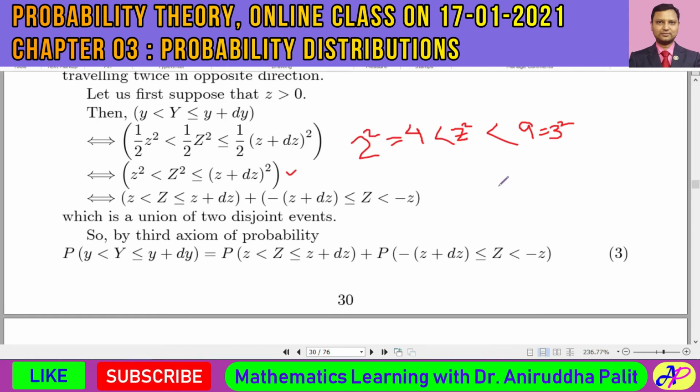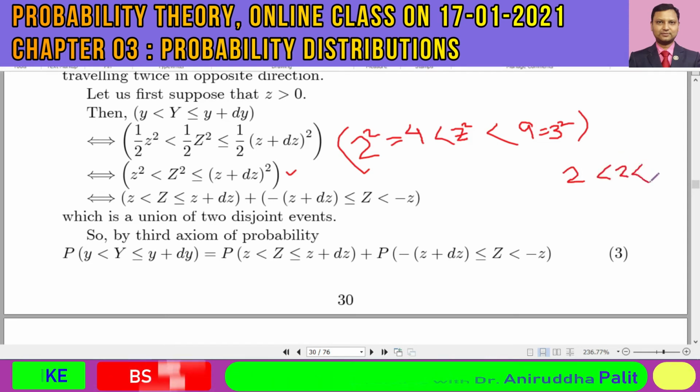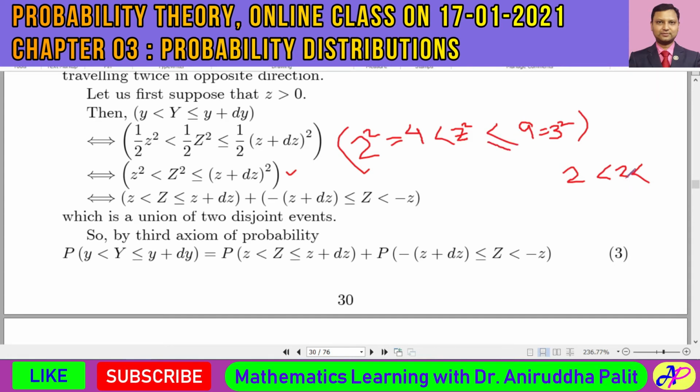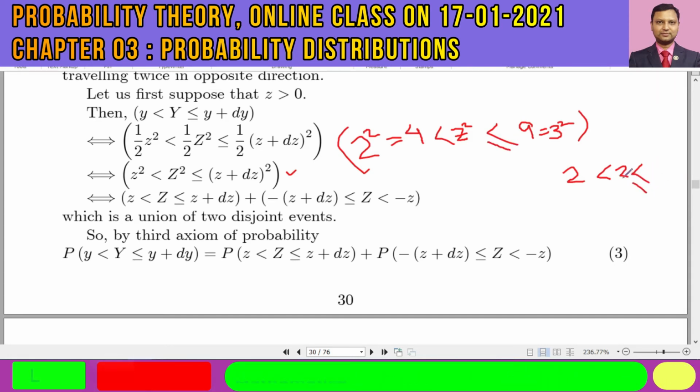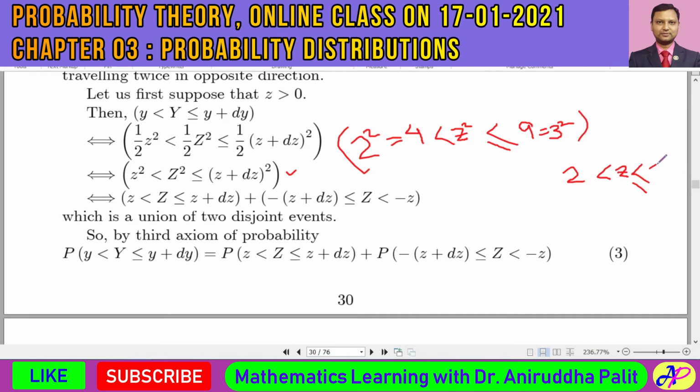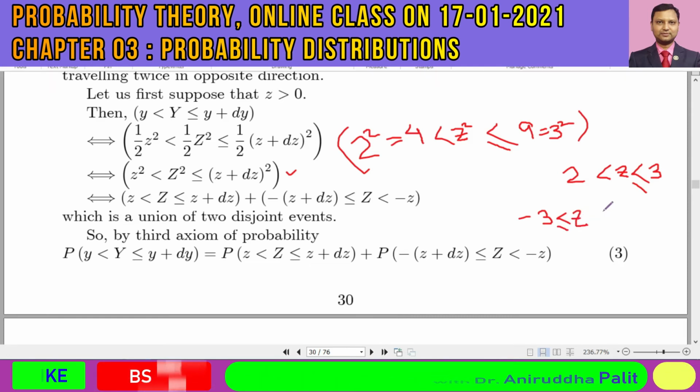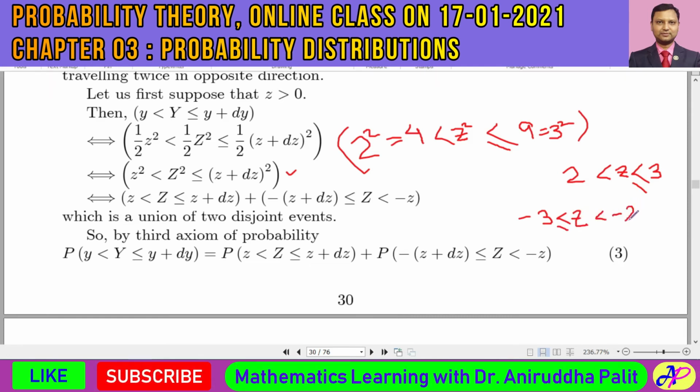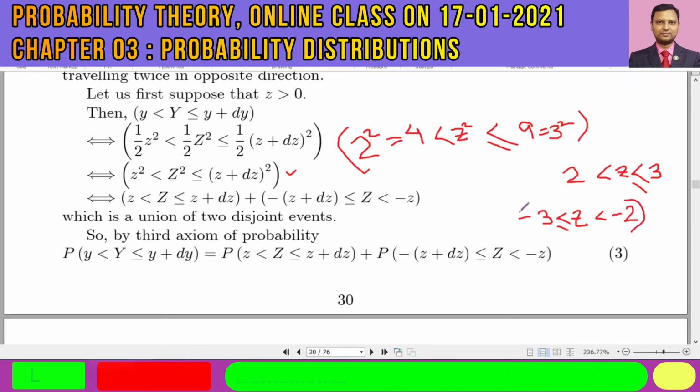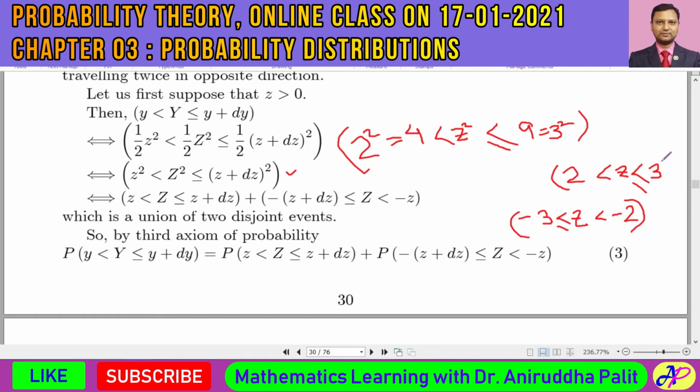If this result is true, then we can say that 2 is less than z, and that is less than or equal to 3. And similarly we can also consider that minus 3 is less than or equal to z, and that is strictly less than minus 2. So this is one event and this is another event.